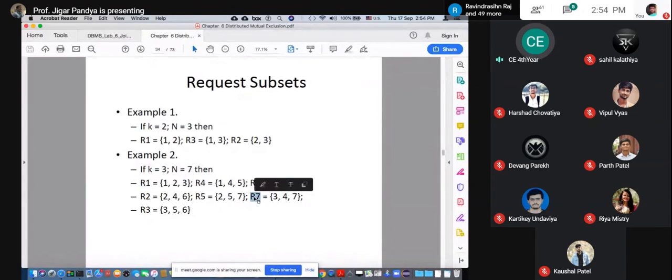Okay, so this R1 up to R7 are nothing but quorums, and they have members, which are the actual sites. And as per the logic, there is at least one common member amongst every pair of quorums. And how it helps is that the common member will not give a green signal to both groups.